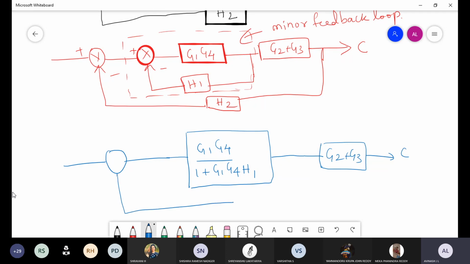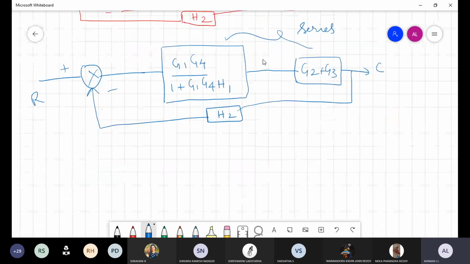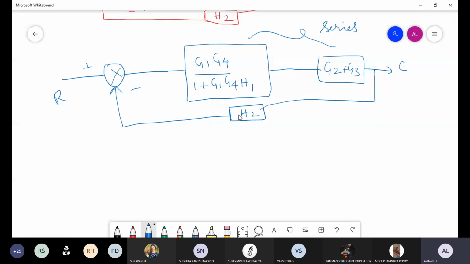So here I will take H2 minus, and here it is plus, and here it is R, and here it is C. So now these two are in series. Once you do the series, after that, the entire thing will become the minor feedback loop. Correct? That also I'll write.